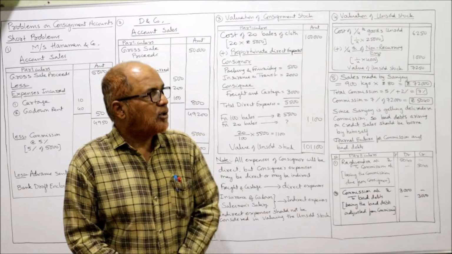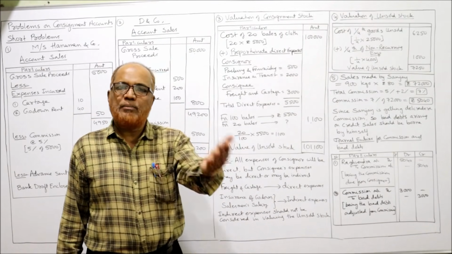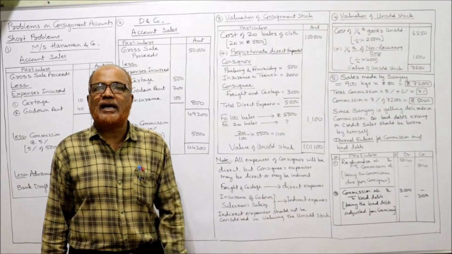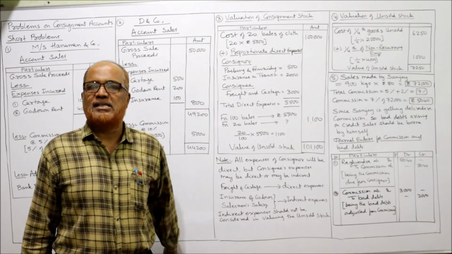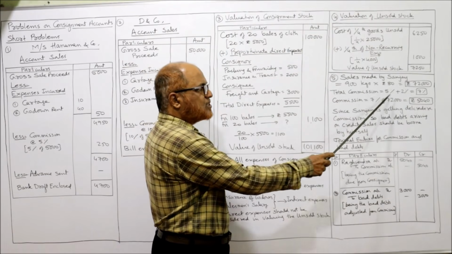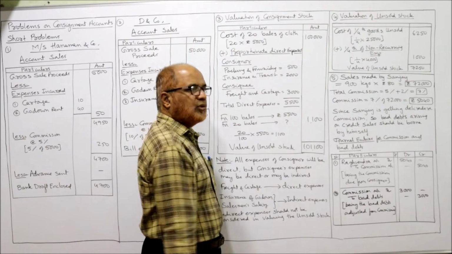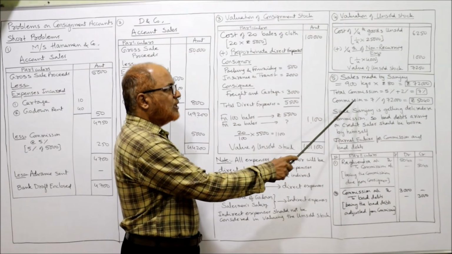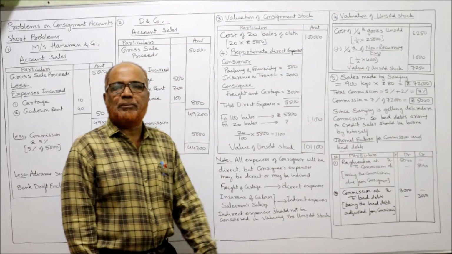That's the problem. First of all, sales made by Sanjay. 900 kilograms he sold at 80, so 900 into 80 is 72,000, the total sale proceeds. And what is the commission? Total commission is 5% normal commission and 2% del credere commission, so total commission will be 7%. 7% of 72,000 is 5,040.